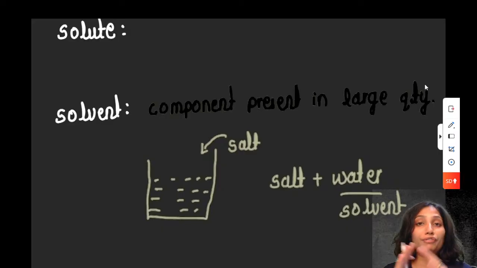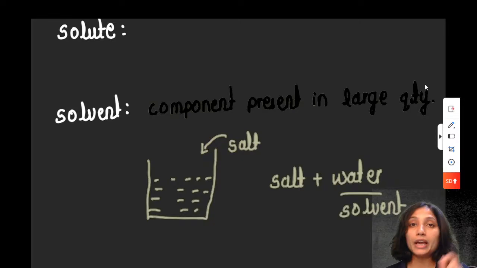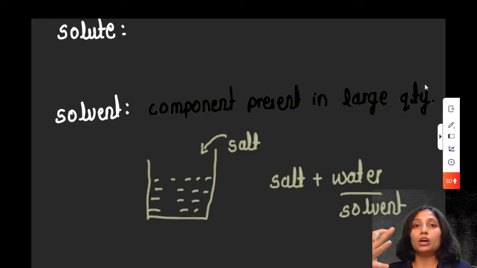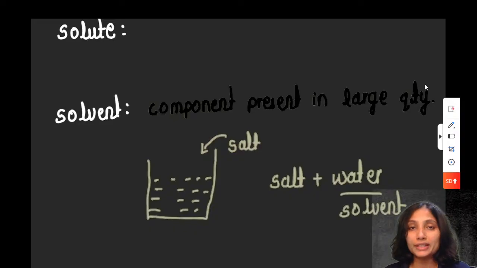And if one is large, the other one should be in a small quantity. Here we are adding salt in small quantity. It's not like we take one glass of water and add one glass of salt to it. We never do that for the preparation of a salt solution, isn't it?